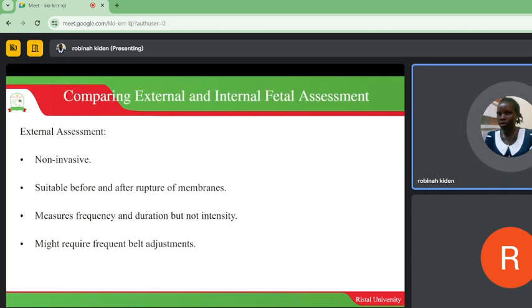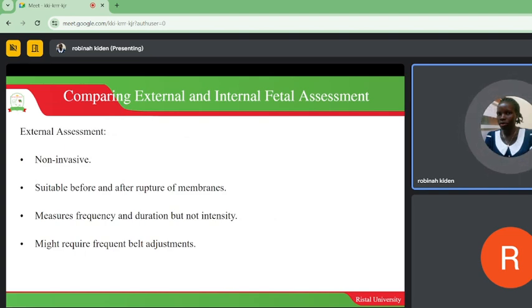So, comparing external and internal fetal assessment, let's look at external fetal assessment first. It is non-invasive, does not require anything to be inserted into the body of the mother. It is suitable before and after rupture of the membranes, so this can be done whether the membranes have ruptured or not. It measures the frequency and duration but does not measure the intensity of the contractions.